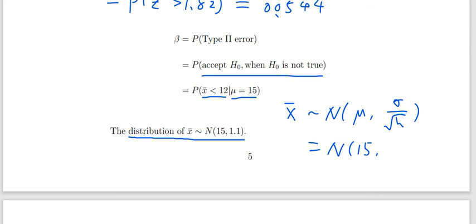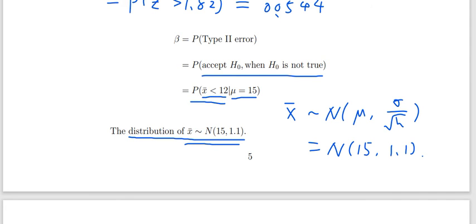So 5.5 over 5 is 1.1. So x bar follows this normal. The question becomes, when x bar follows this normal, we need to find the probability that x bar is less than 12.